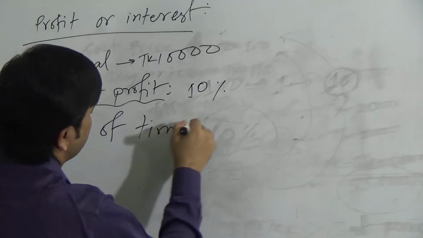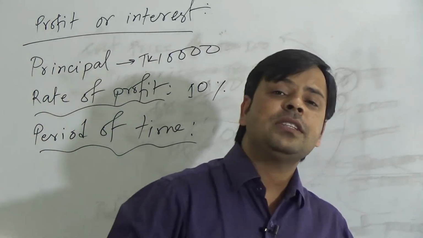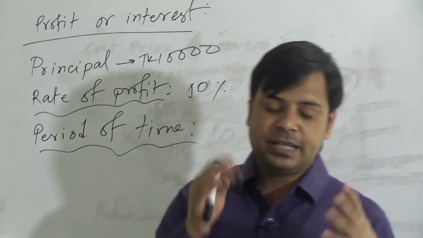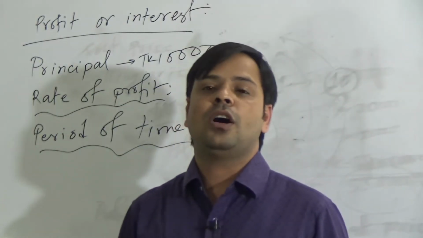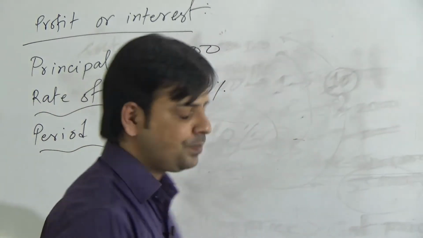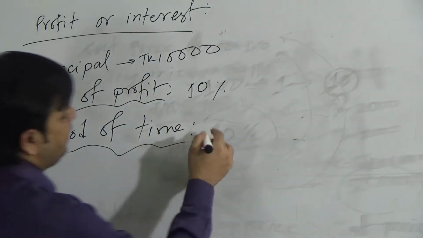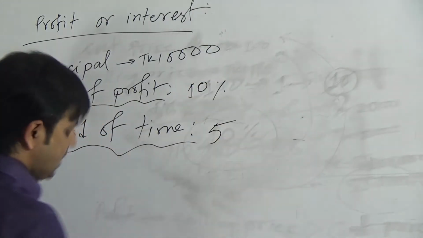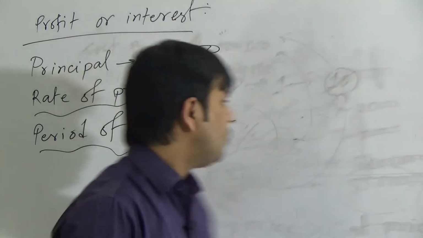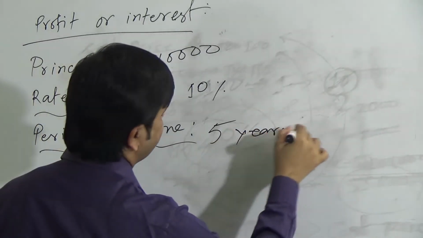It means the time period for which we are investing money in a bank, depositing money in a bank, or taking a loan from the bank. Suppose the time period is 5 years. So 5 years is the time period.